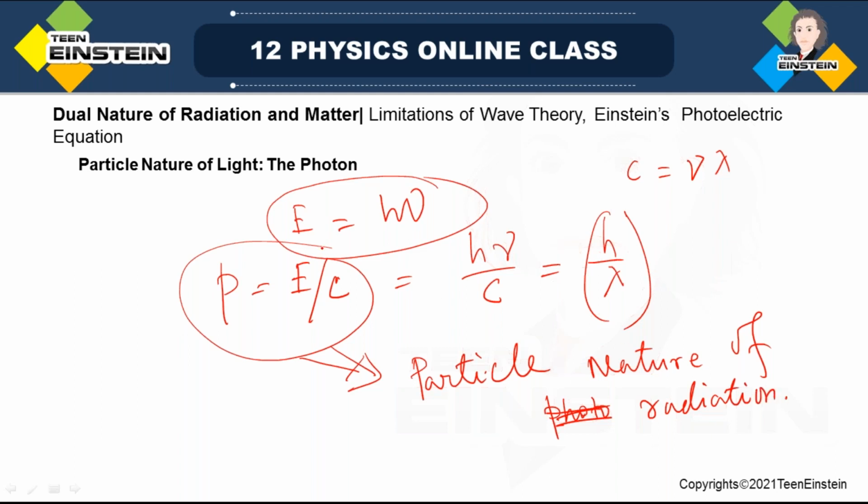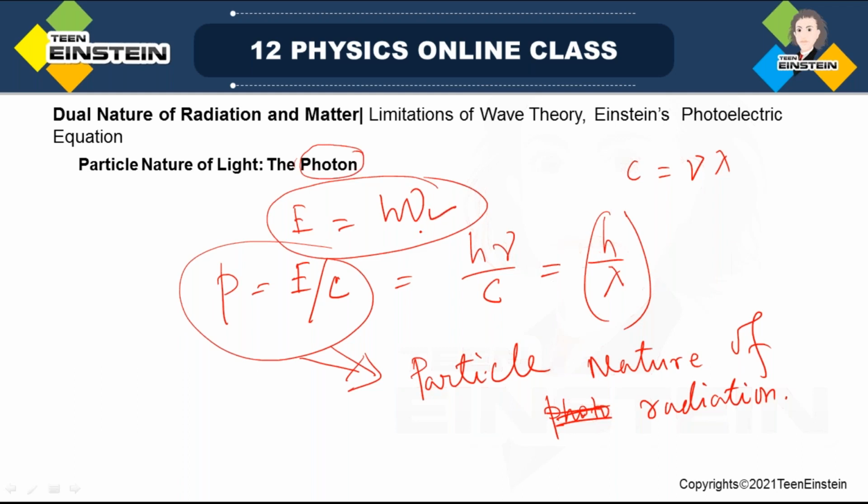I'll just repeat this idea. Einstein could explain the photoelectric effect by taking Planck's idea that radiation is composed of discrete units or packets of energy, and those discrete units are called photons.